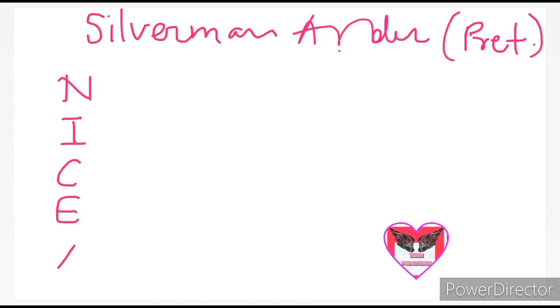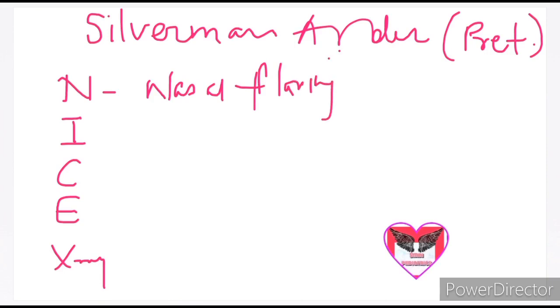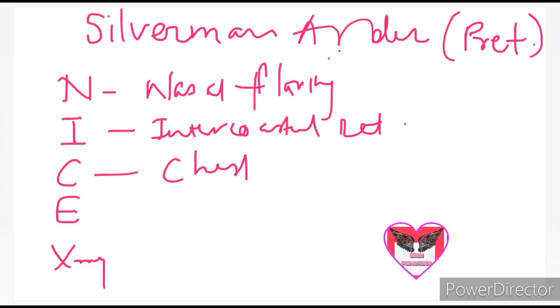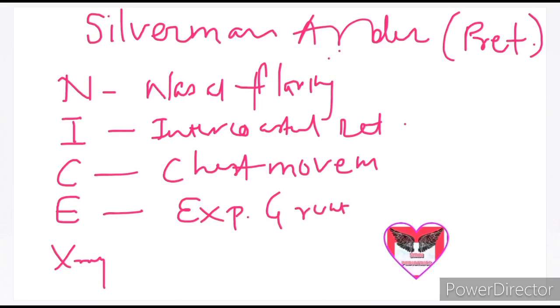N for nasal flaring, I for intercostal retraction, C for chest movement, E for expiratory grunt, and X for xiphoid retraction.